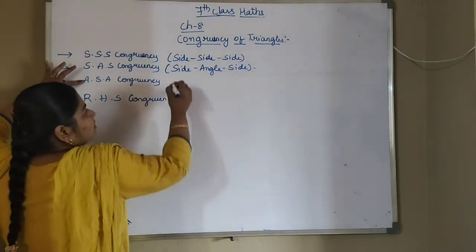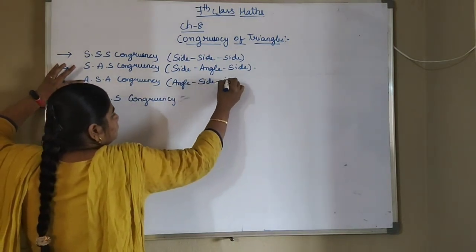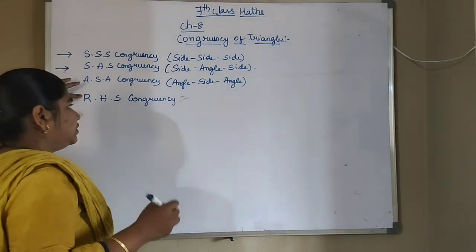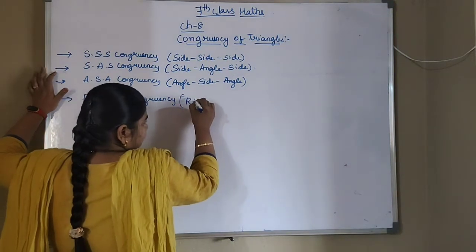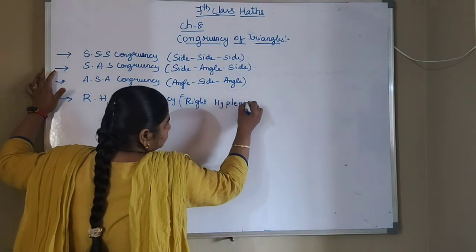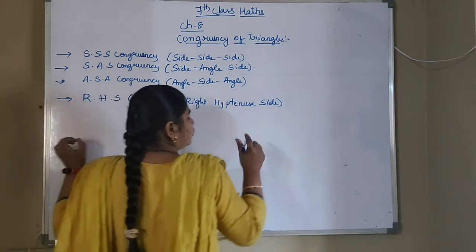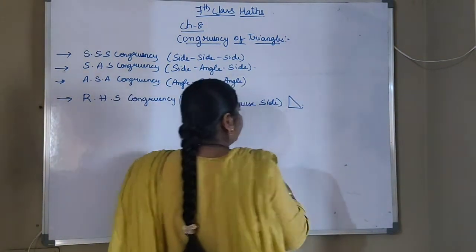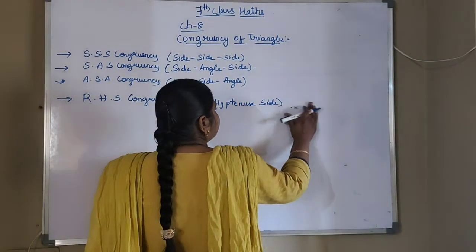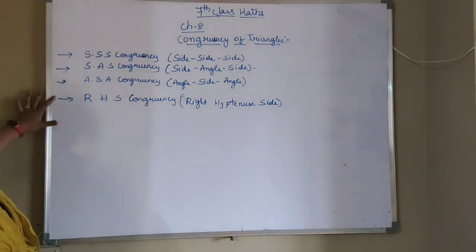ASA is angle, side, angle. And the last one, RHS, is right angle, hypotenuse, side. This is used only for right angle triangles, because they have given a right triangle.